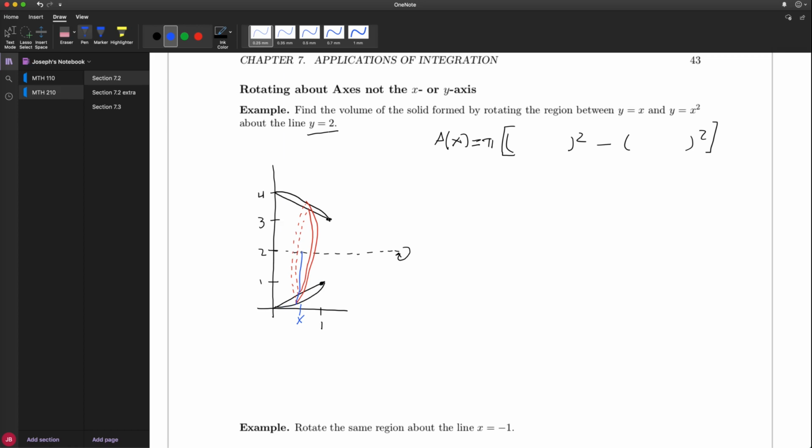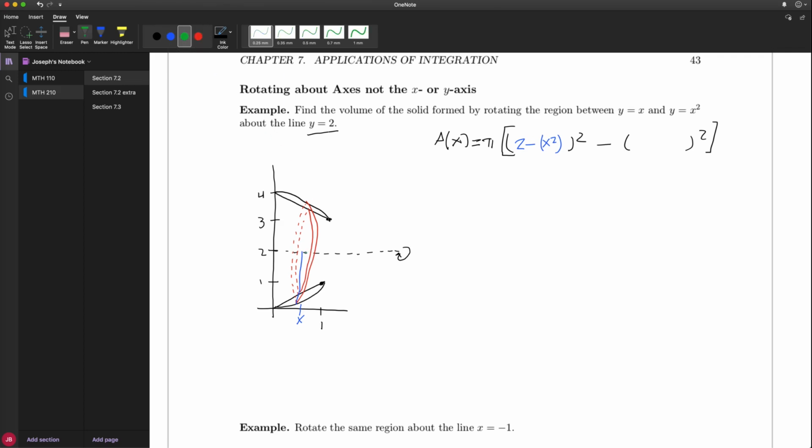In this case, this length is 2 minus x squared. Notice as I move x a bit farther to the right, my outer radius gets a bit smaller, so I'm subtracting values. So it's going to be 2 minus, and I always like to put parentheses. I think we saw that on the last homework. It's good to put parentheses around the function that we're subtracting.